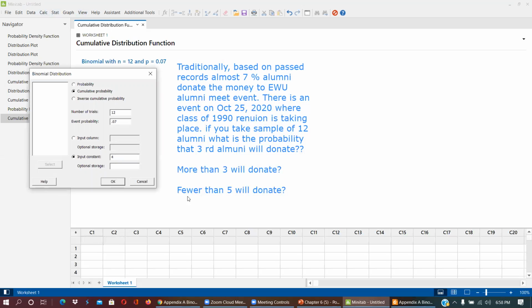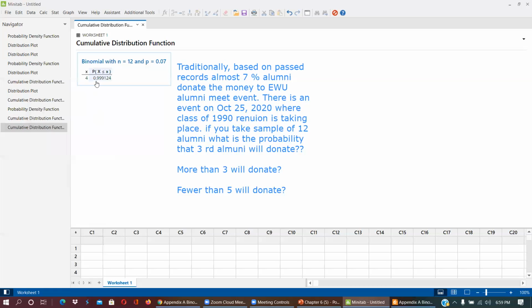It is always tricky to enter the input constant. If it is asking fewer than 5, we use 4, and if the question is up to 5, then we use 5. Now look at the probability, 99.9, which is almost 100%.